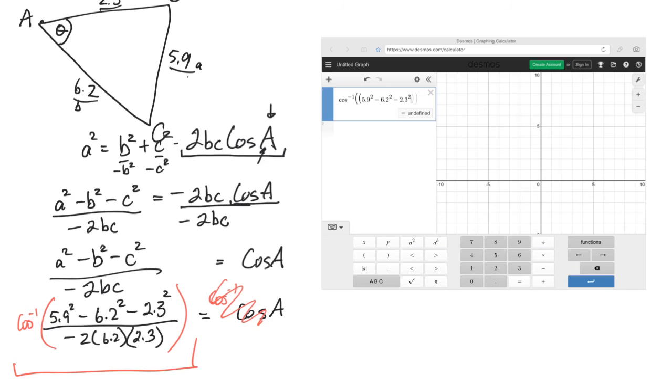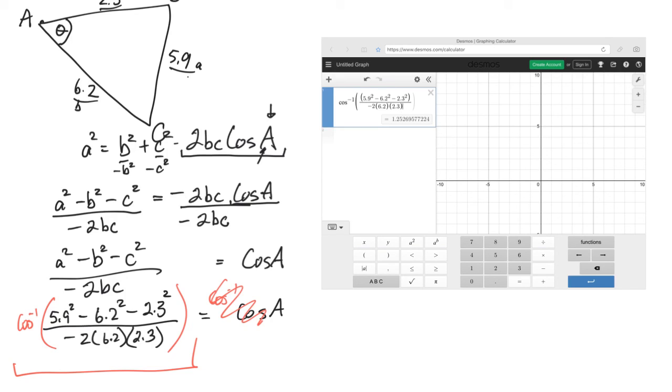Okay, that's my top, and then I hit divide. On the bottom here, I've got minus 2 times 6.2, bracket, another bracket, 2.3, bracket. There we go.